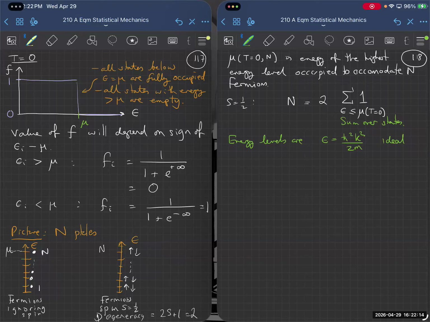And for the sum over states, we are just going to be counting the states. Summing over states means counting the states within a volume of K space.